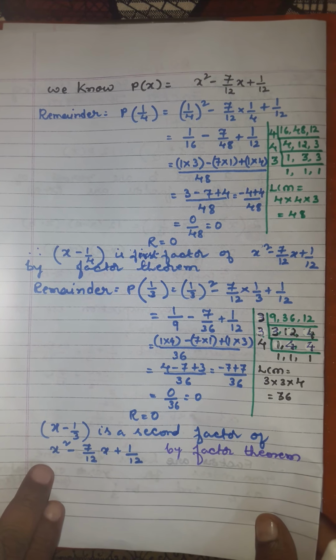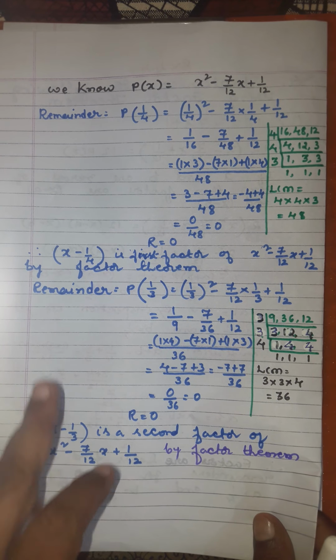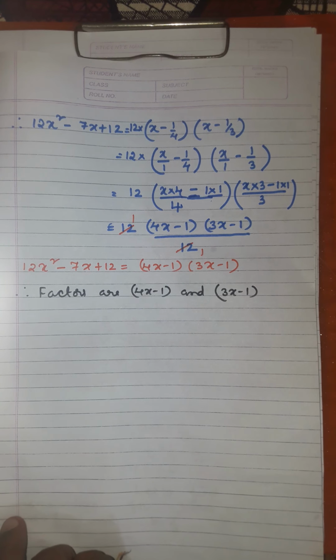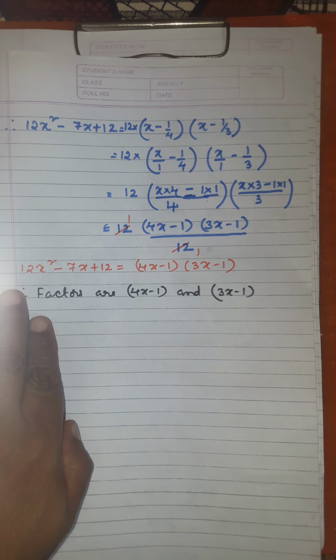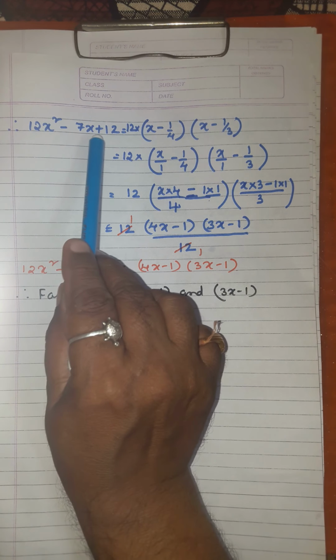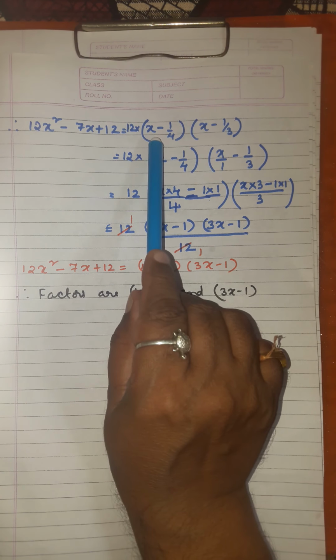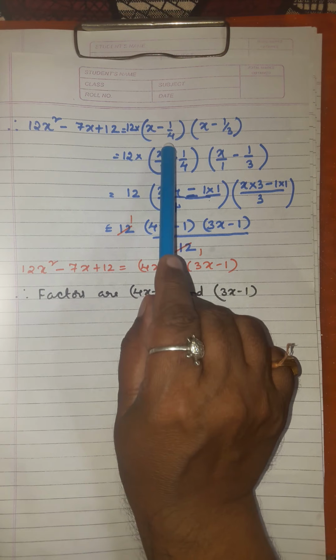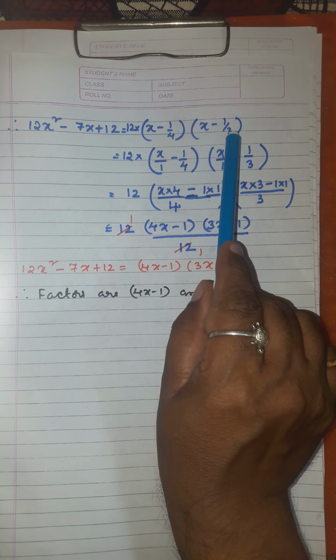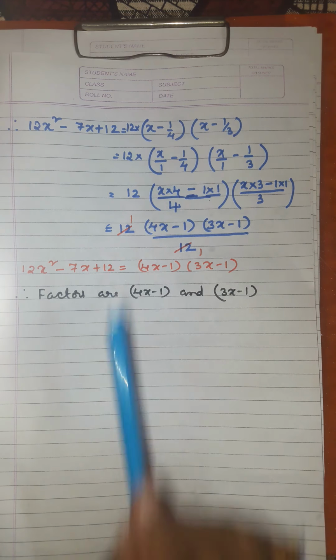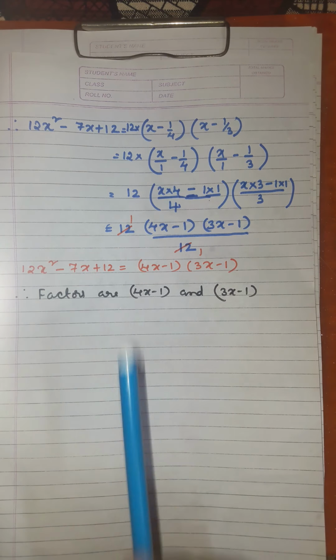So we have to multiply this polynomial by 12 and also the factors by 12. Now 12x square minus 7x plus 1 is the given polynomial. So we got the factors, that is x minus 1 over 4, x minus 1 over 3, multiplying this by 12. So equilibrium is maintained.